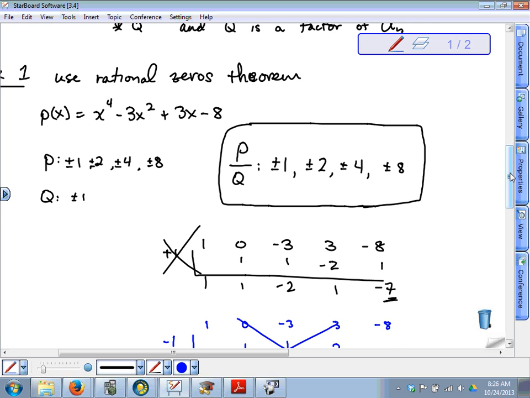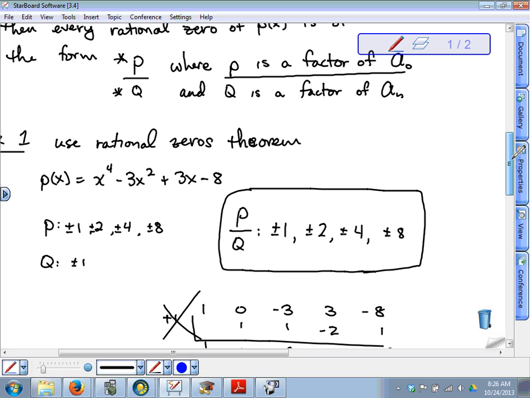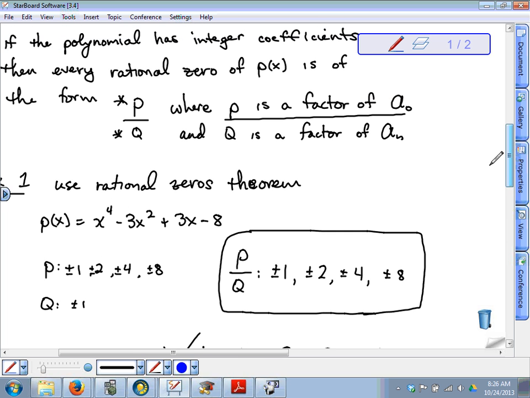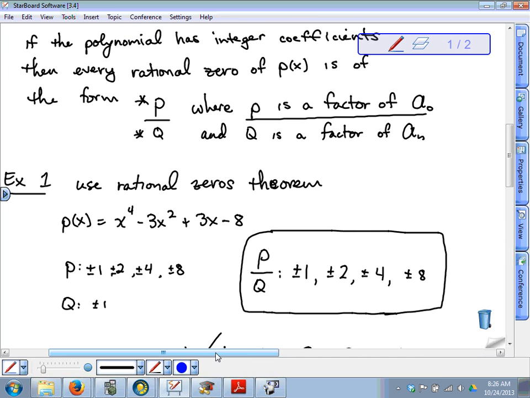No, there's nothing wrong. Here's the thing, you guys. Everybody look up at the screen. It has to do with the name of the test. What does the word rational mean?